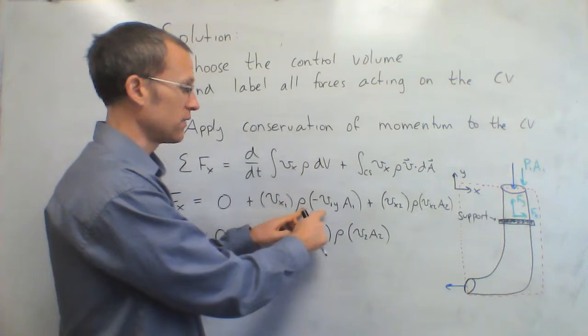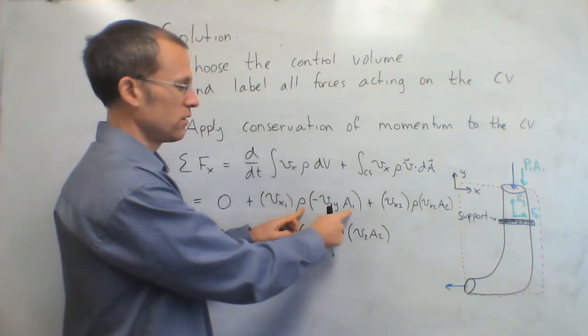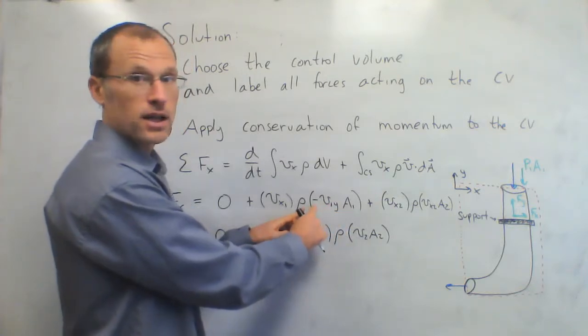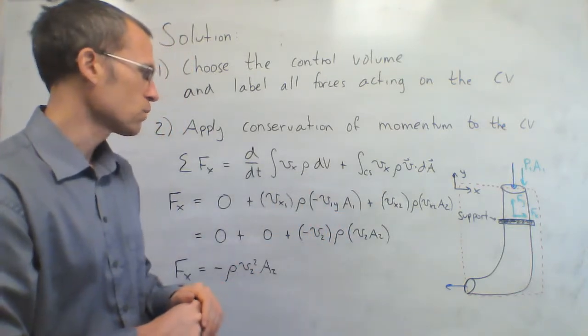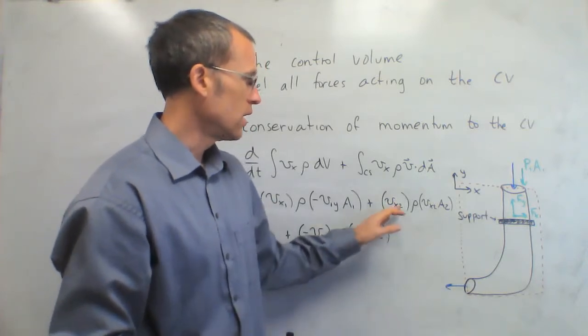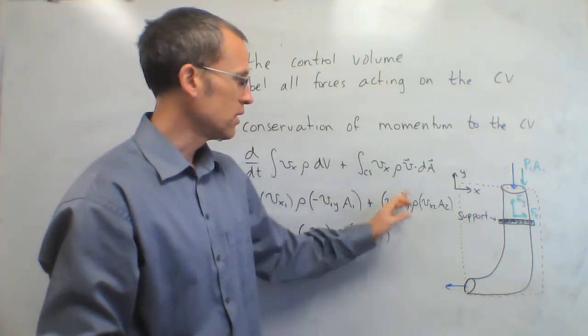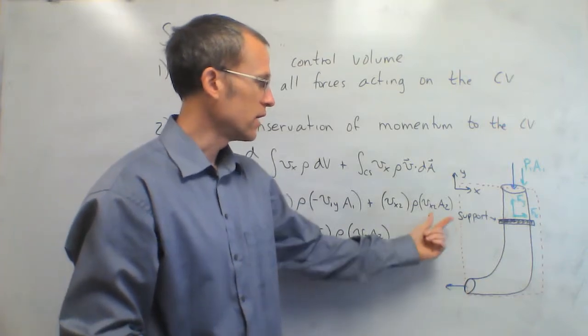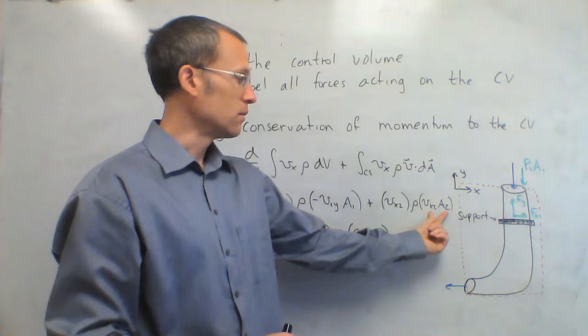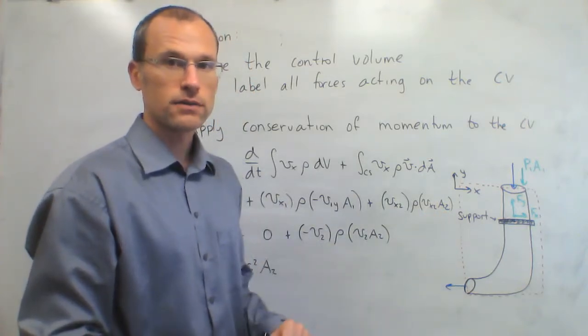So in this case, I have V1 in the y direction times A1, that's my V dotted with dA, and a minus sign because it's going in. Then coming out, I have Vx2, the x component of that velocity, rho again, and V dotted with dA, in this case V2A2, which is coming out, so positive.